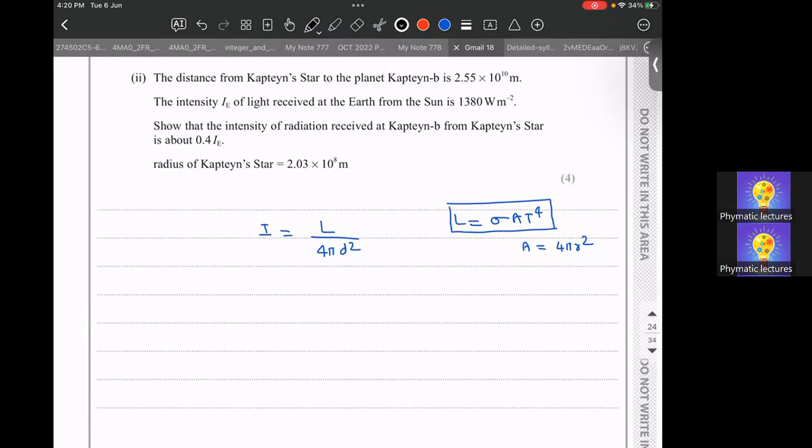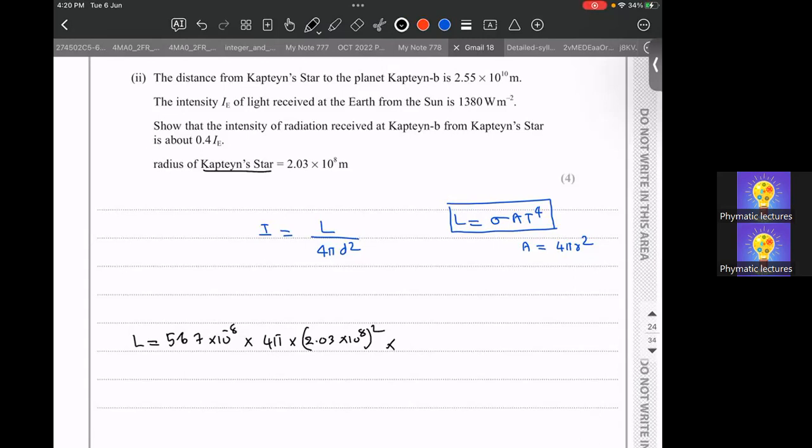Stefan's constant sigma is 5.67 multiplied by 10 to the power of -8. What is the area? 4 pi into radius square. The radius of the star is 2.03 into 10 raised to 8, so 4 pi r square, into the temperature.